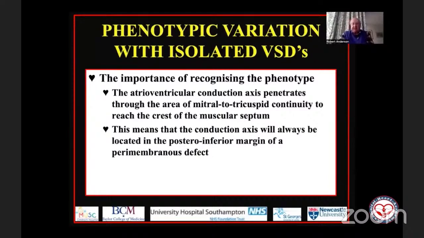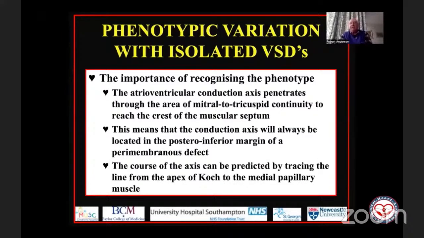And that tells us that when we have this phenotype, always, when viewed from the right ventricle, the conduction axis will be running postero-inferiorly. And in the operating room, the surgeon can trace the likely course of the axis by following a line from the apex of the triangle of Koch to the medial papillary muscle.